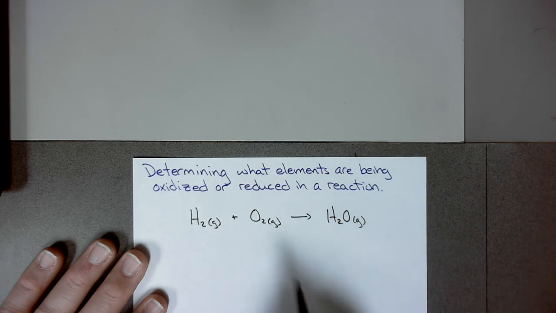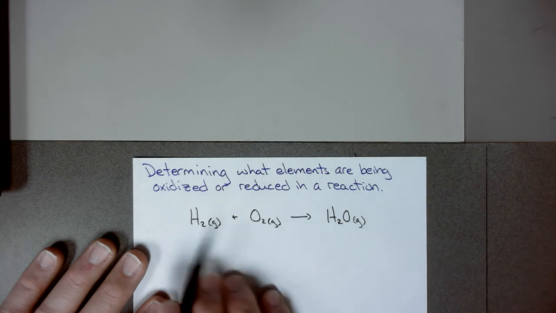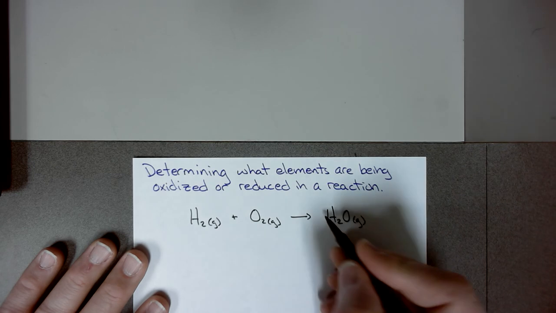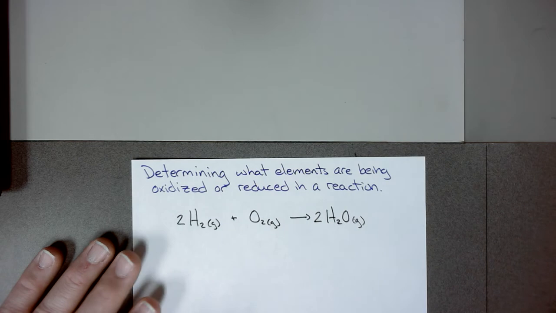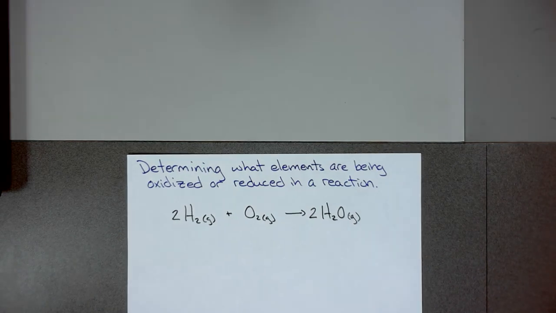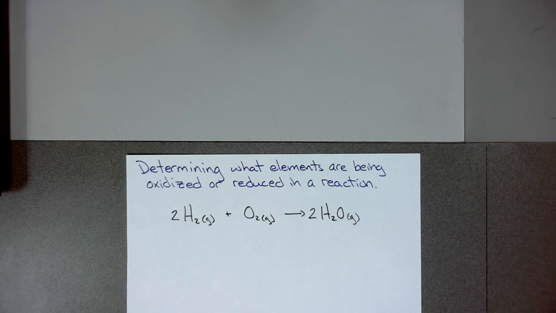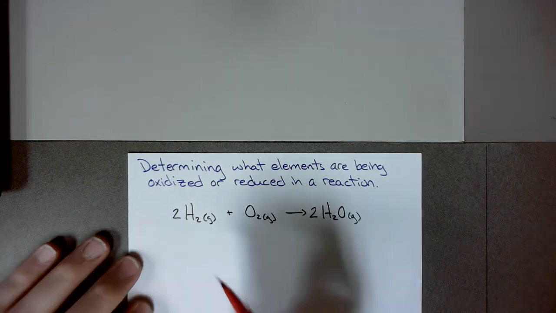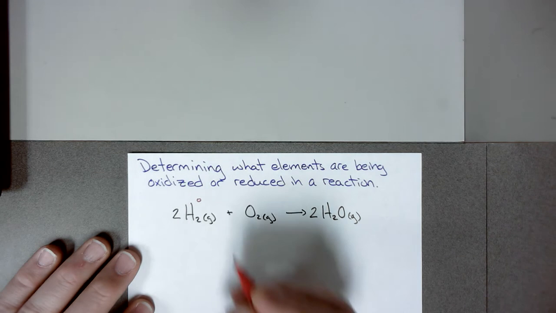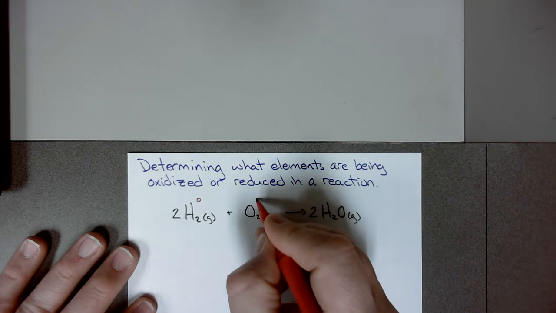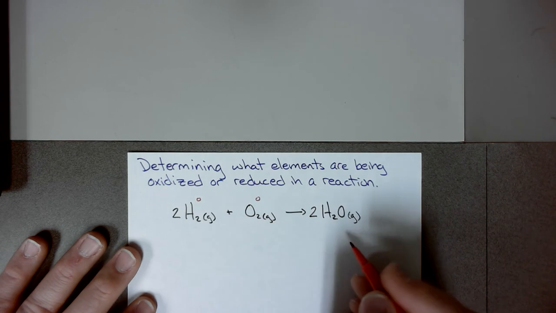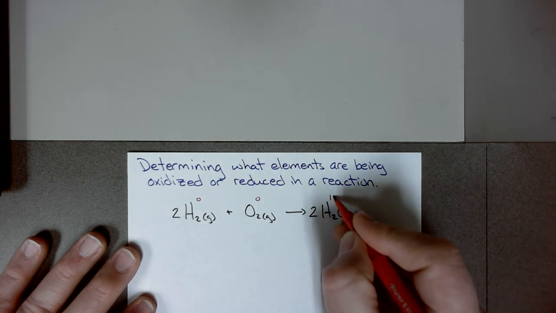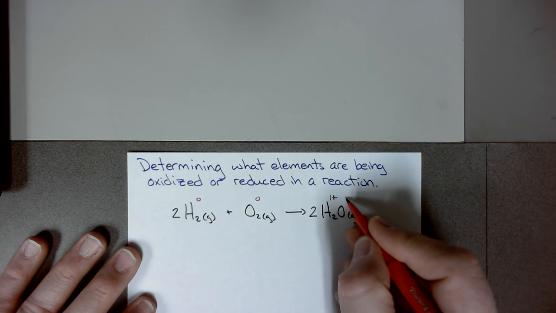We have to balance it, so I've got 2, 2, 2, 1, so I need to put a 2 here, and I need to put a 2 here. Now, the coefficients aren't used for determining oxidation and reduction. We just still need to balance it. Now, as I go through this, hydrogen is 0, oxygen is 0, because those are both elements. They're diatomic elements. And then over here, we know that hydrogen's a 1+ and oxygen's a 2-.